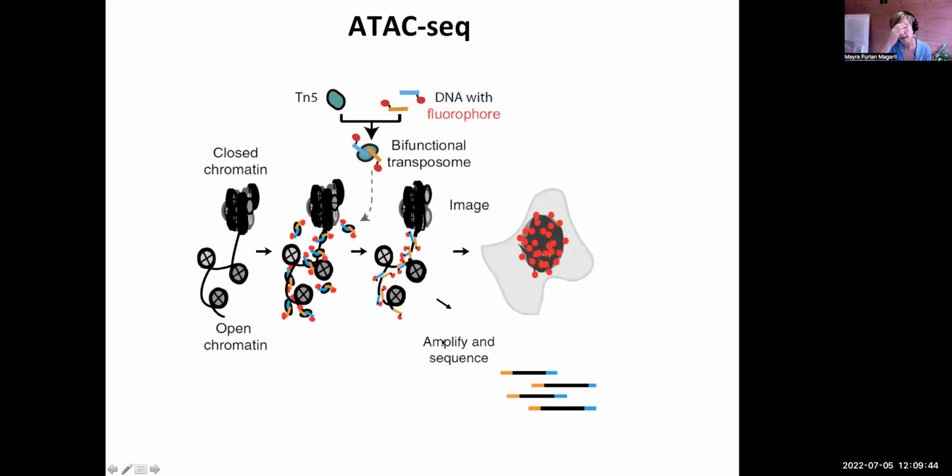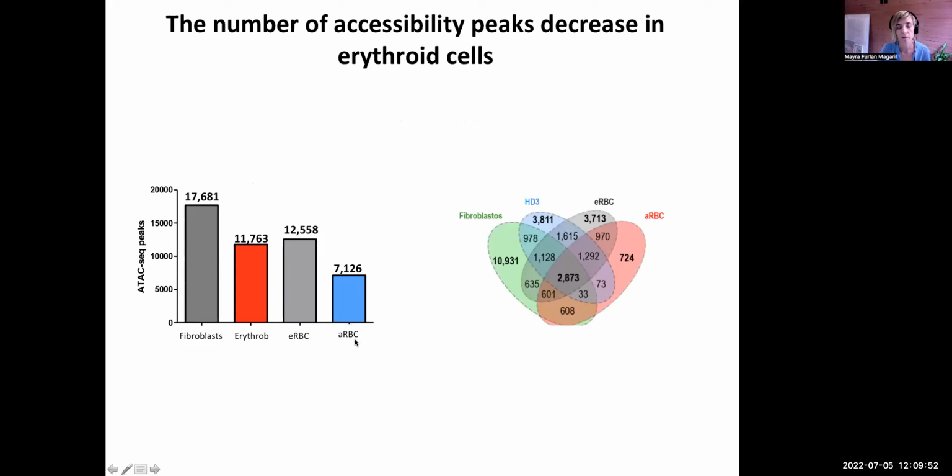So we next look also at accessibility, but now at higher resolution through ATAC-seq. And we found that there is still accessibility, as we could see from the ATAC-seq, and there are quite a lot of peaks present still in the red blood cells, both embryonic and adult red blood cells.